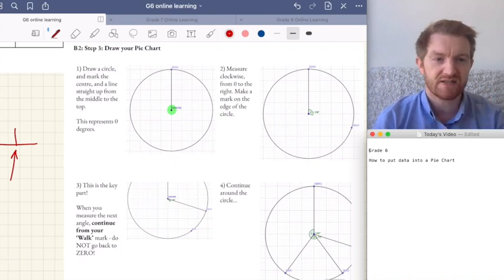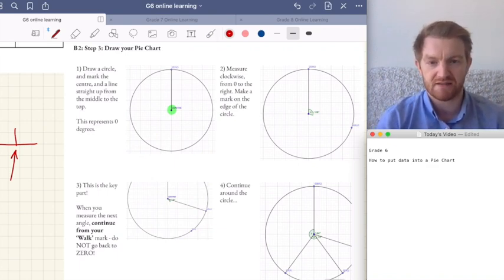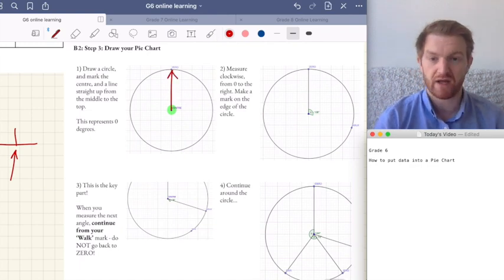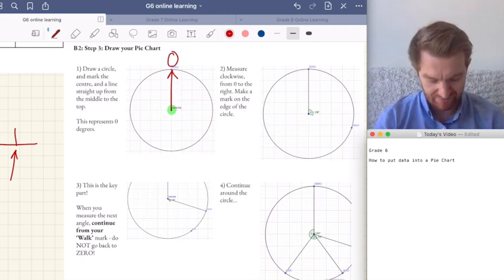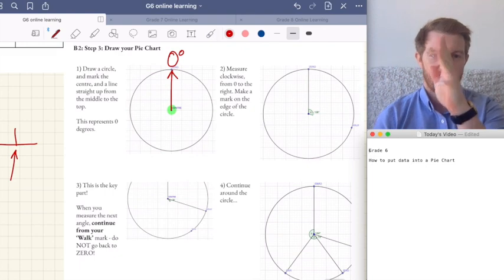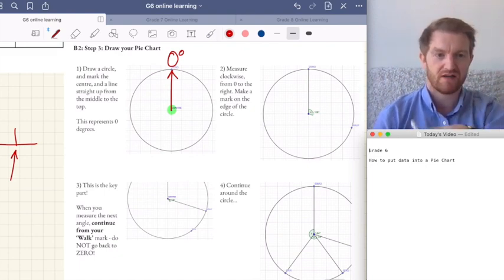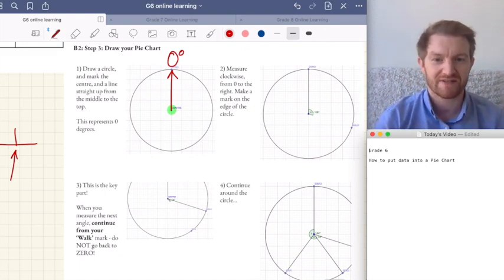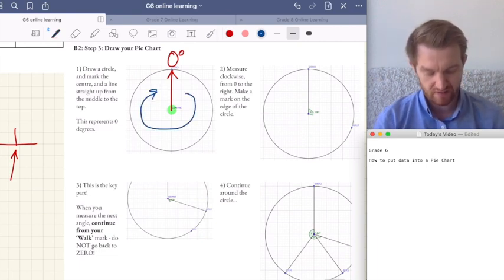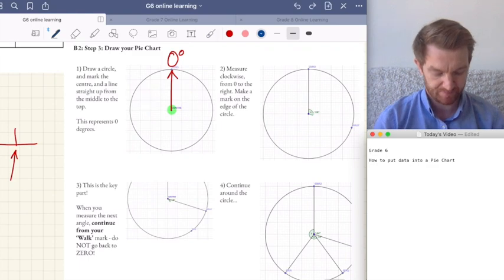If you mark the center before you start, it makes it easier. You then draw a line straight up with a ruler to the top. And that represents 0 degrees, your starting point. Think of it like a clock. A clock starts there and it goes round until it gets back to the beginning. And we do the same thing with our measurements. We go round the clock until we get back to the beginning.